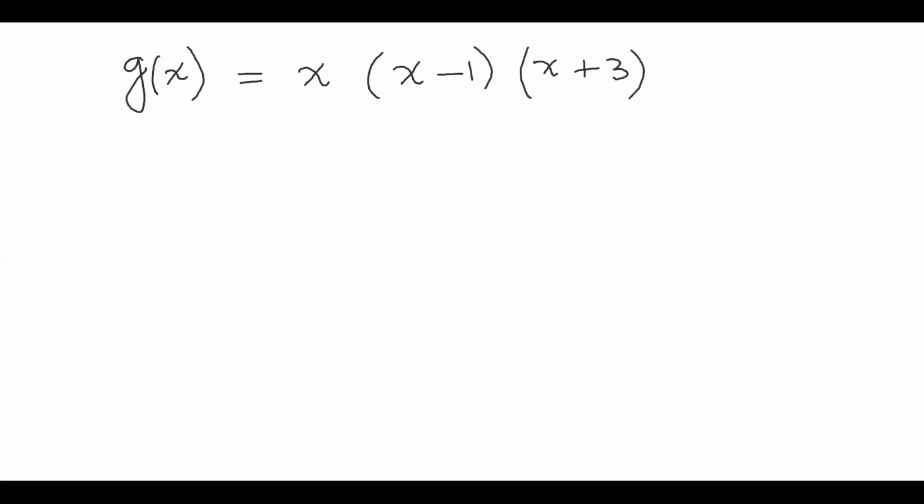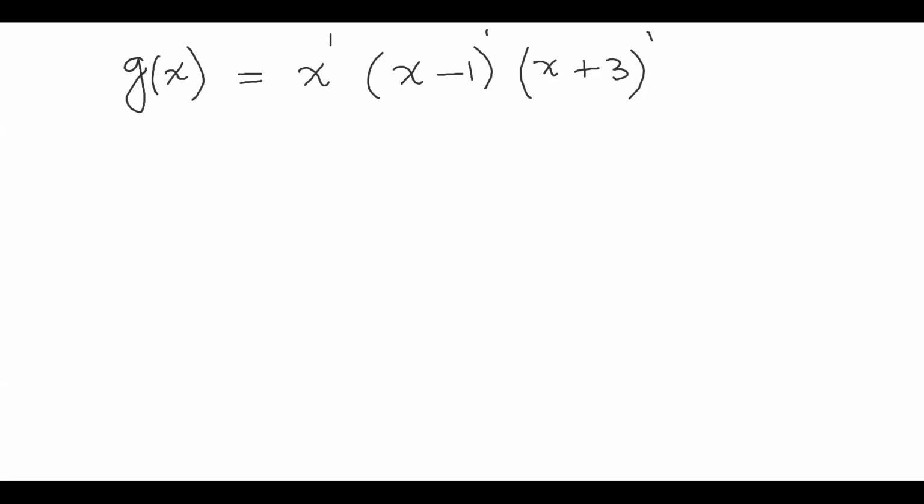So I'm going to show you. Let's take a function g of x equals x(x minus 1)(x plus 3). If you look at that, all of the powers are 1.